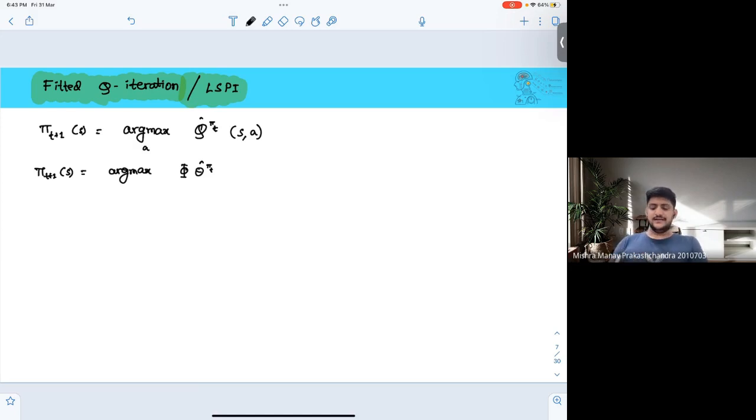So how do I deal with this whenever I want to perform an argmax over my phi times theta hat? Okay, so here, since there is no notion of an action, there is one way to do it. You define your states to be, let's say, this is how your state looks like, S1 to Sj.